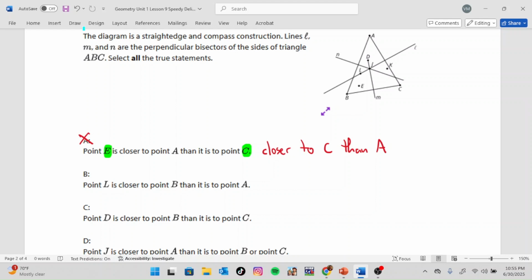So if we're comparing points B and A, then line N is the perpendicular bisector.